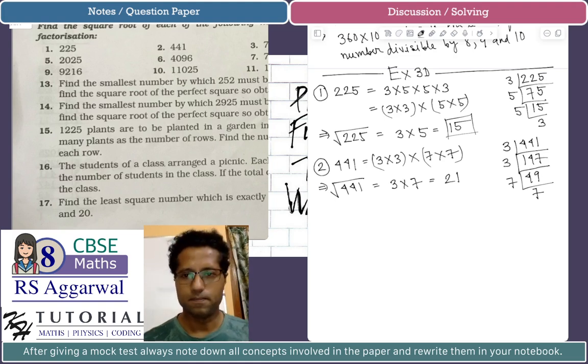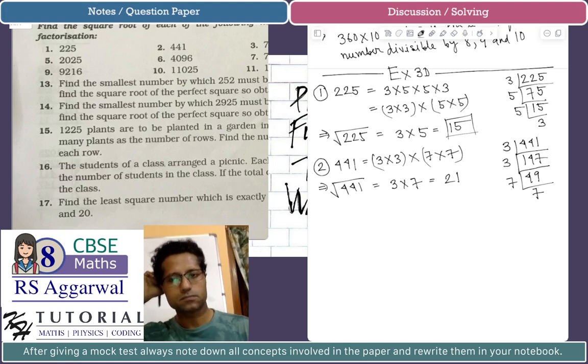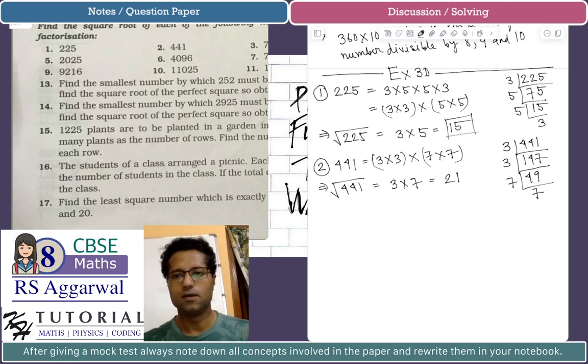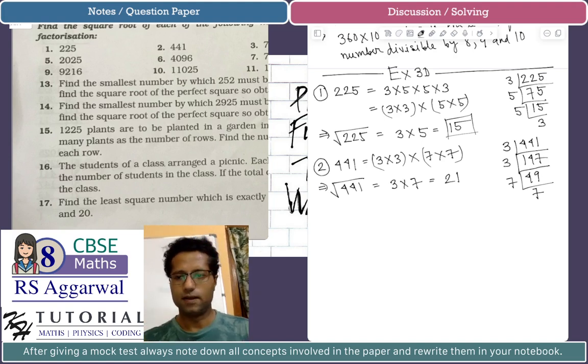Another way of doing it: you have to do the prime factorization, but instead of forming pairs of equal factors, you can directly express the given factors as powers of the different prime factors.